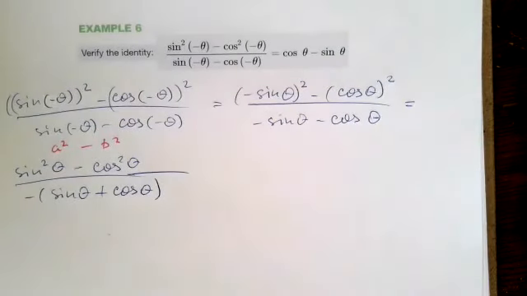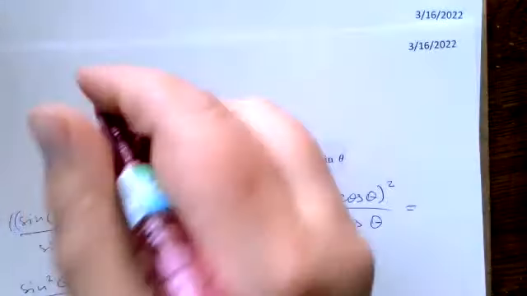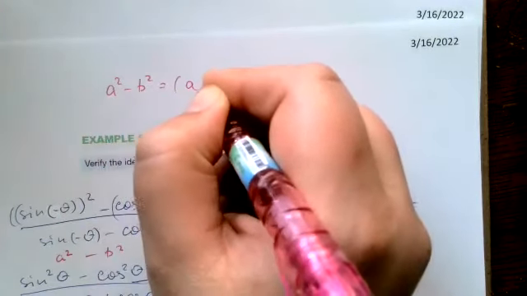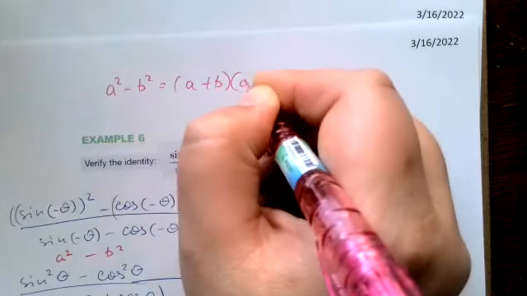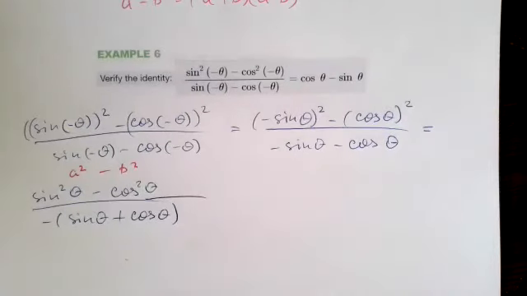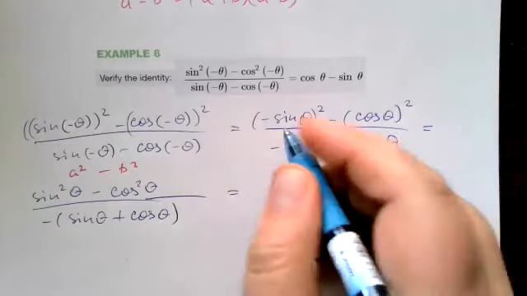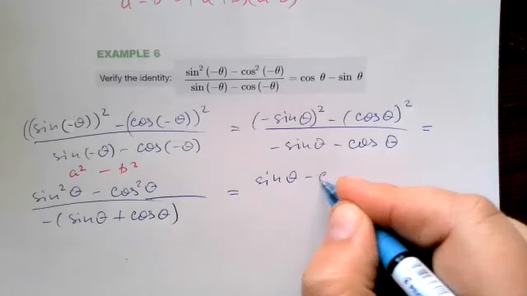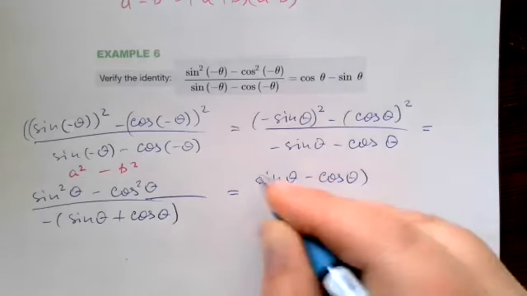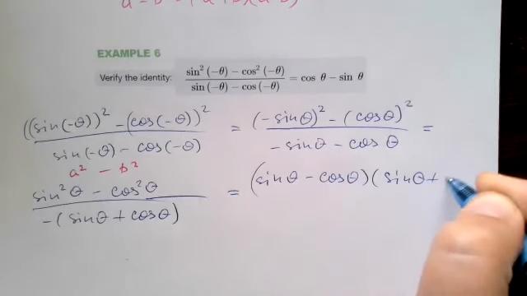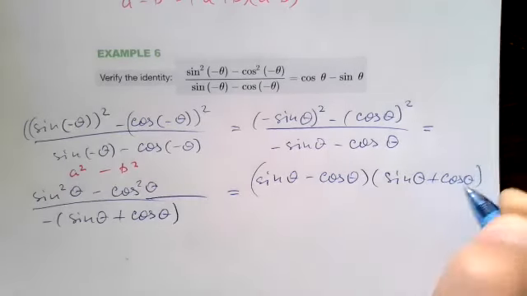And we know from algebra that a squared minus b squared equals a plus b multiplied by a minus b. So I'm going to apply this formula here, and I'm going to rewrite the numerator as sine theta minus cosine theta multiplied by sine theta plus cosine theta.